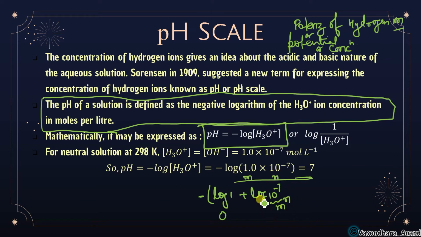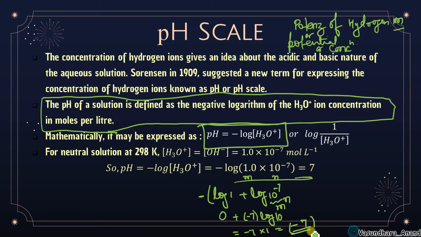Log m to the power n is considered as n log m. So this is minus 7 into log 10, and log 10 is 1, so this will be minus 7 into 1, equal to minus 7.